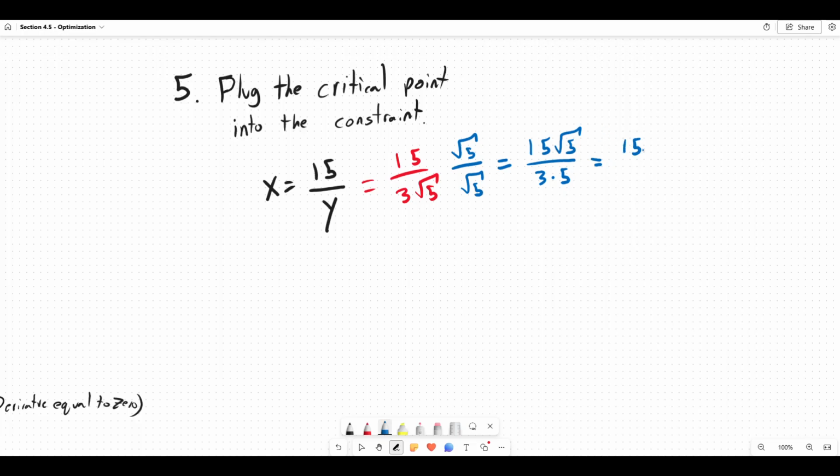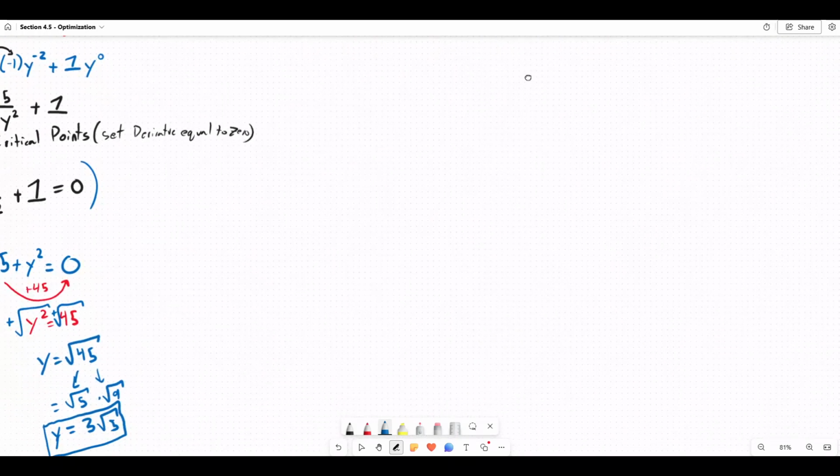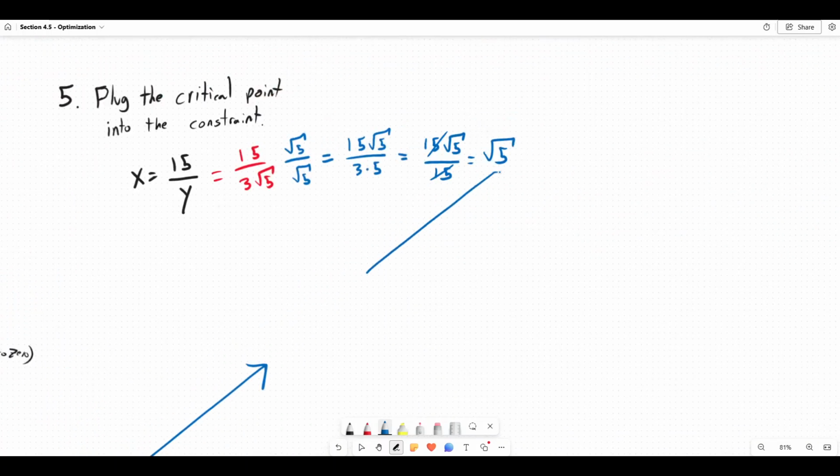This is going to be 15 times the square root of 5 over 15, or x is the square root of 5. So putting these two things together, my solution is x is the square root of 5, and y is 3 times the square root of 5.